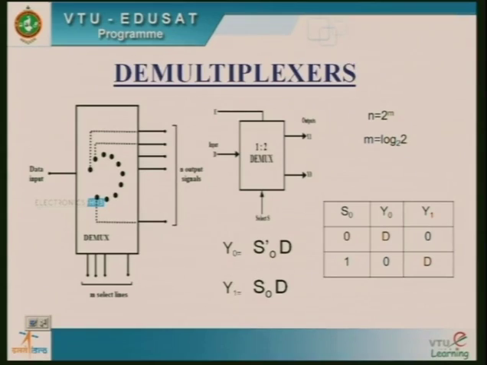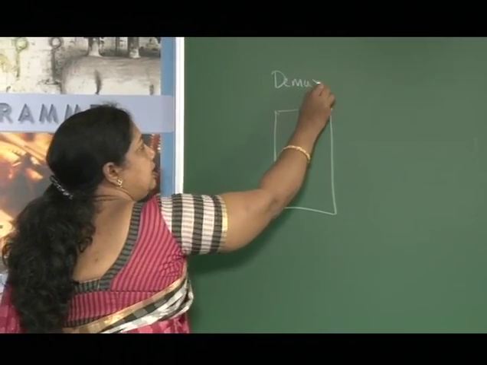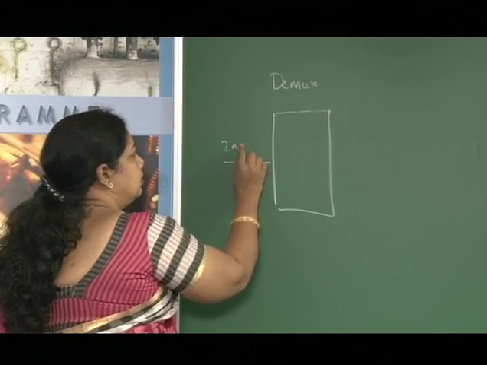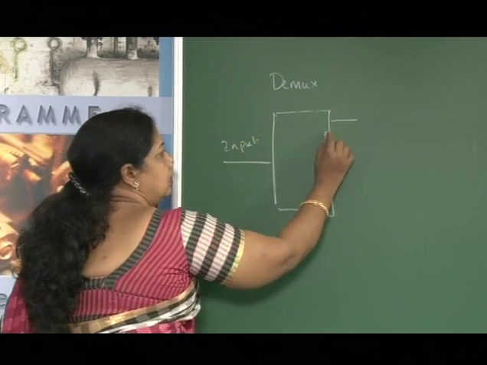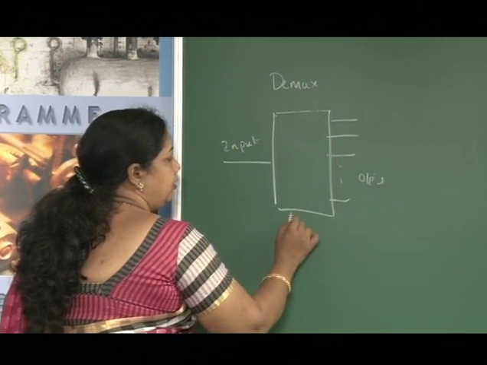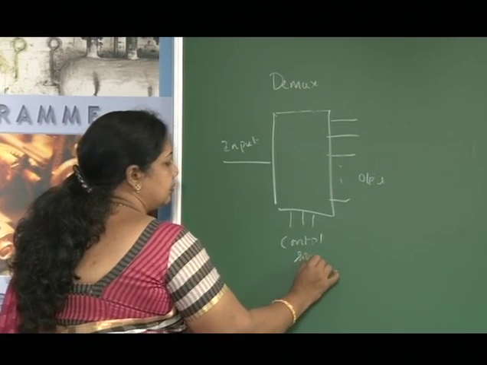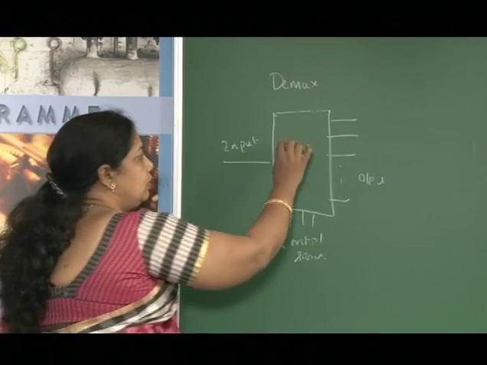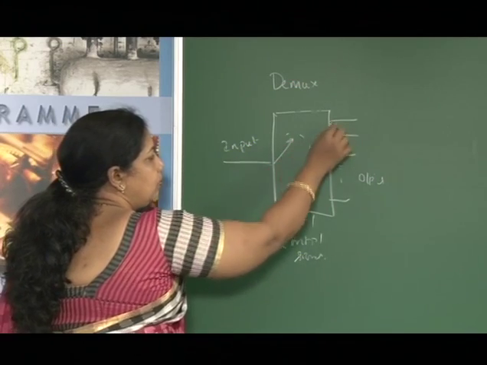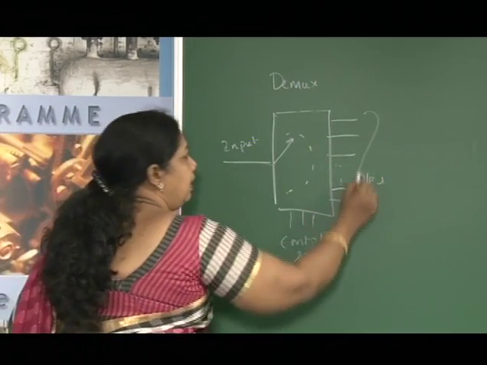So we have a demux. As I said, we have only one input, many outputs, and control signals. Here we send this input to one of the output lines.